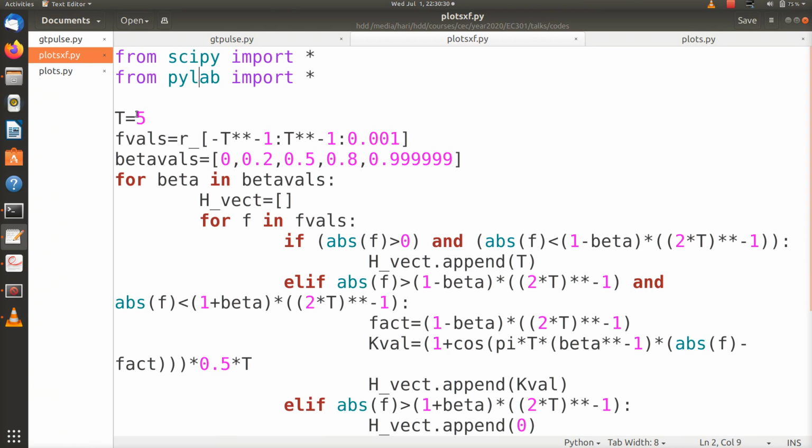Now let us assume that this T is 5, and I am interested in the frequencies from minus 1 by 2T to plus 1 by 2T.